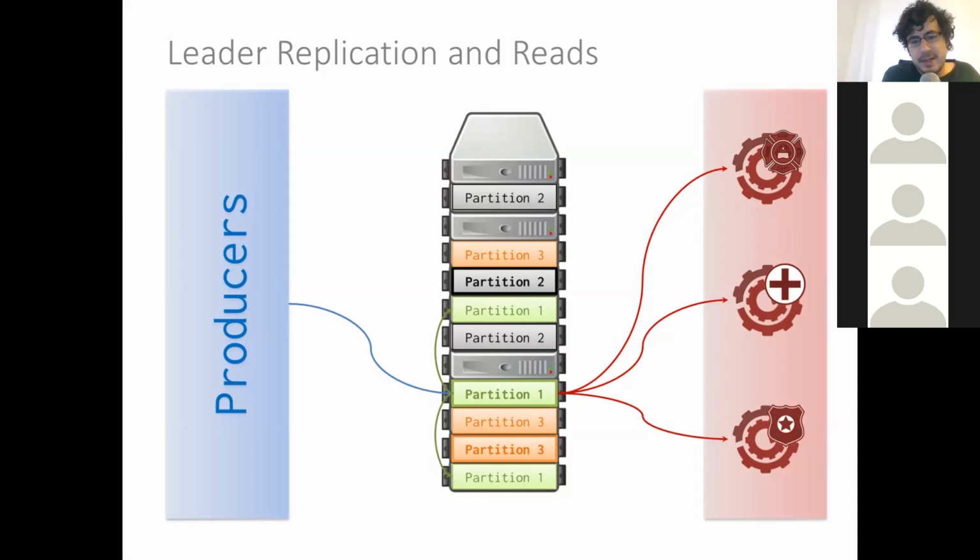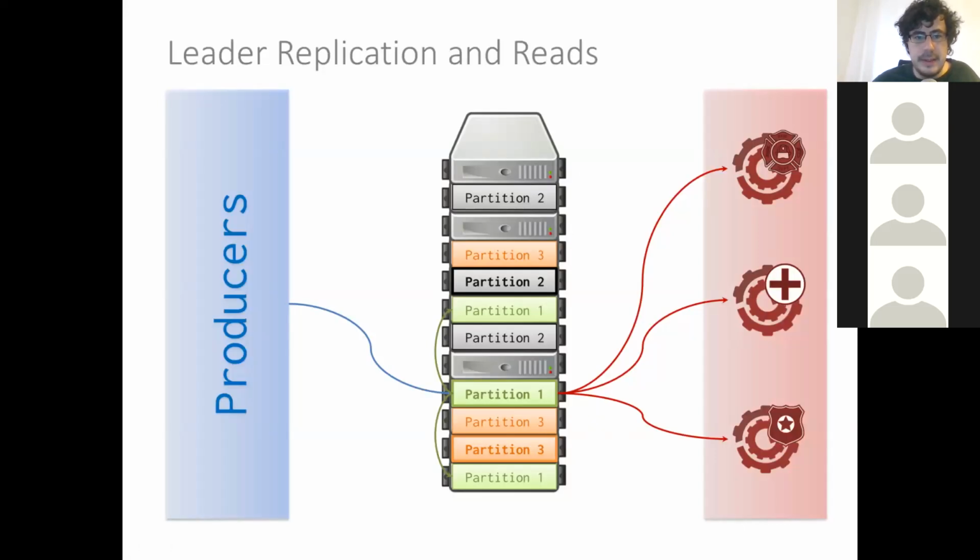Of course, this comes at a cost, because maybe there's one replica of a partition that could be more efficient to read from, but always reading from the leader helps us ensure the guarantees that we spoke about previously. Of course, it's also worth mentioning that it shouldn't become too much of a bottleneck for one machine, because every machine should be the leader of a different partition. So somehow we can balance the load that way.